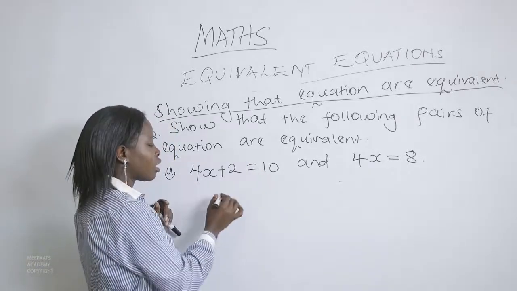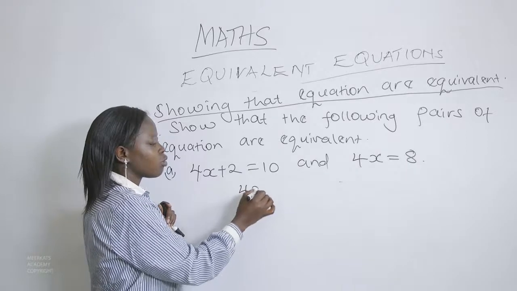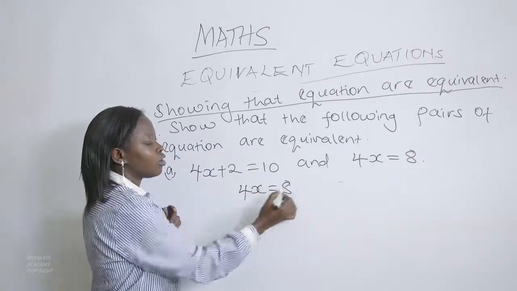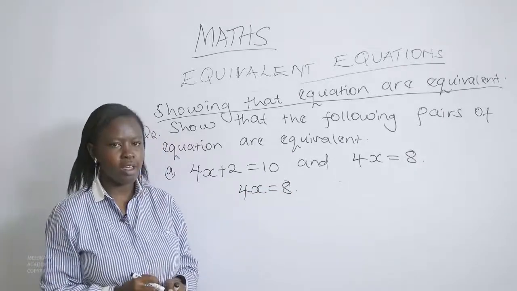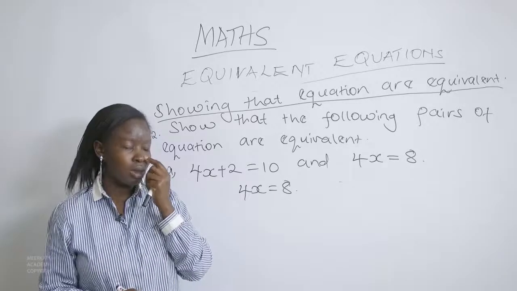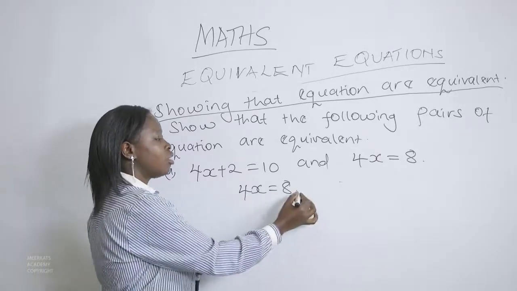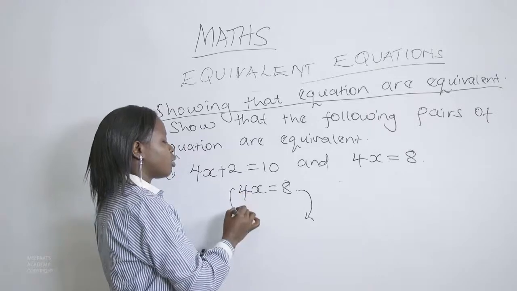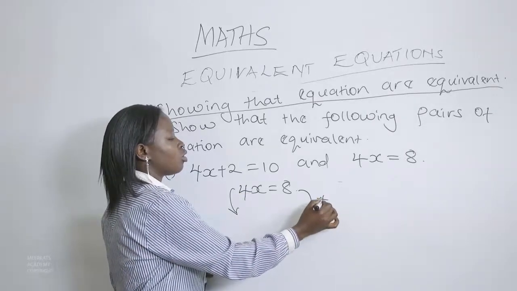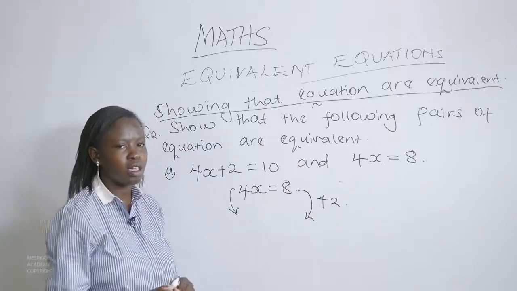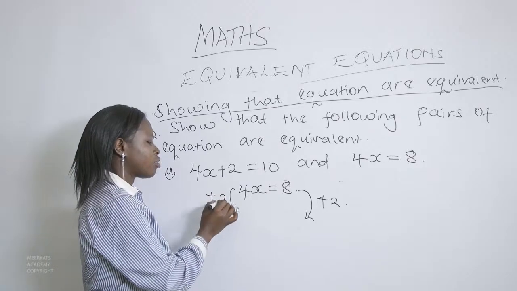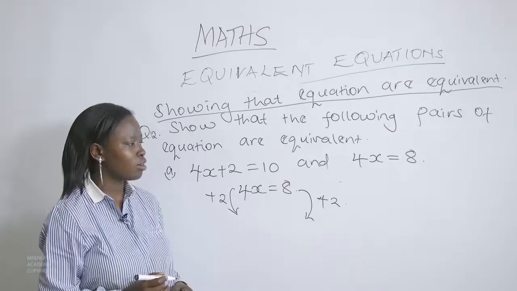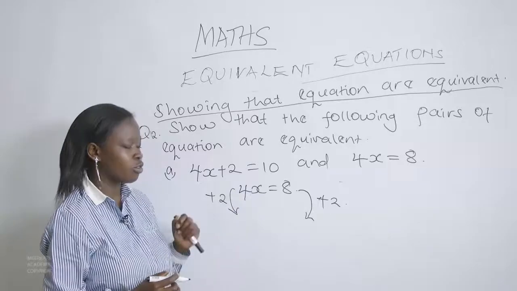If I take my second equation, 4x is equal to 8, and I decide to add 2 on both sides, so that on the right hand side I'm adding 2, on the left hand side I'm adding 2, what can we obtain from this equation?